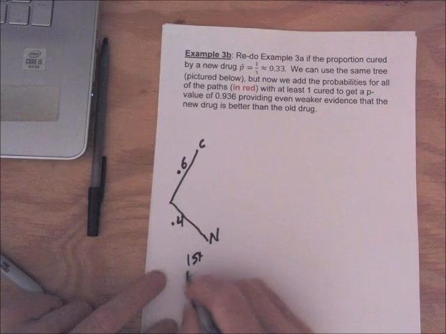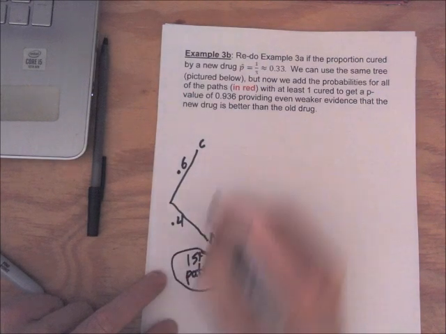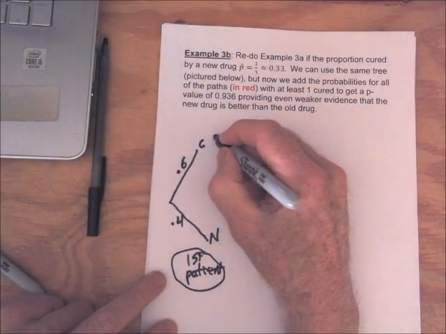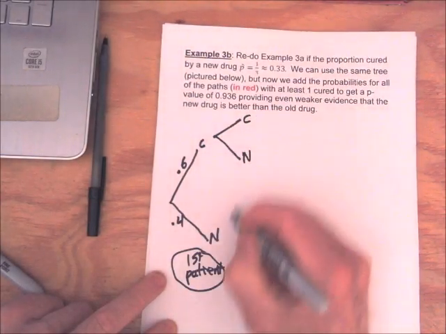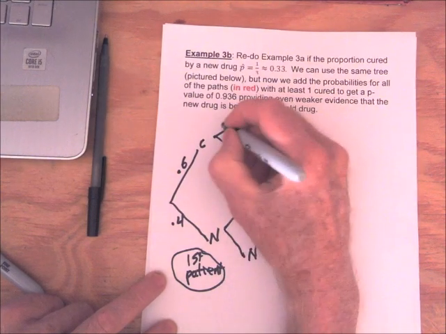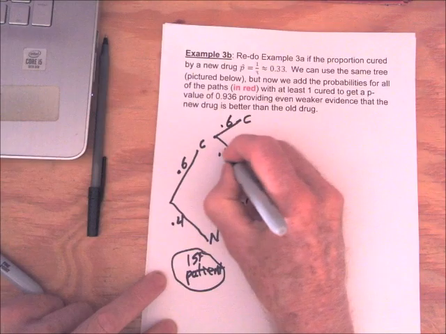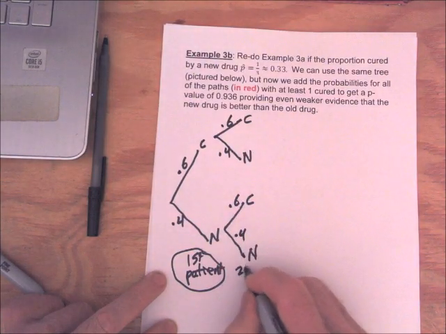So that's the first patient. And the second patient is also either cured or not. And the probabilities are 0.6, 0.4, 0.6, 0.4 for the second patient.